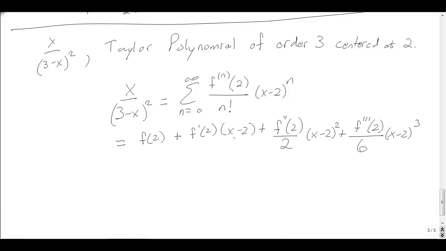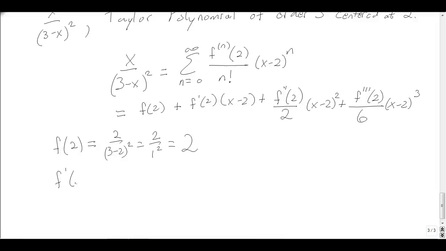Now, given that we did part A, one of the nice things is we already have formulas for our derivatives here. So let's go through and find these. So f of 2, we have to plug in different points, so 2 instead of 0. So this is 2 over 3 minus 2 squared. That's 2 over 1 squared. That's 2 over 1, just 2. So that's f of 2.